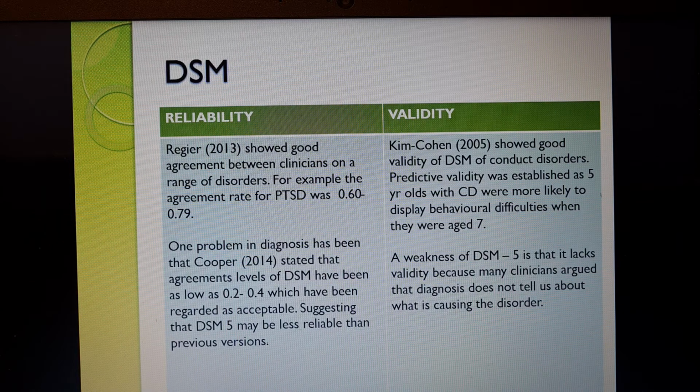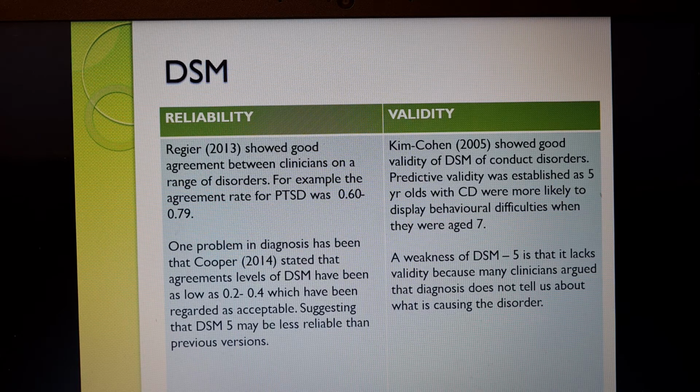The DSM reliability ratio 2013 showed great agreement between clinicians on a range of disorders. For example, the rate for post-traumatic stress disorder was 0.6279. So again, that shows pretty good agreement between clinicians. However, one problem with the diagnosis has been that agreement levels of DSM were quite low when it was originally published.